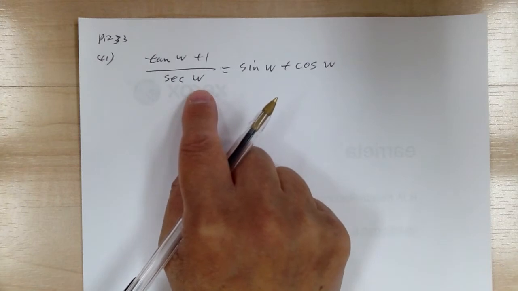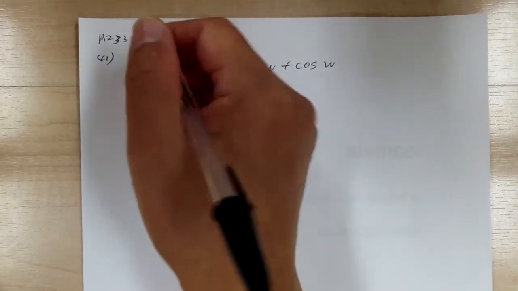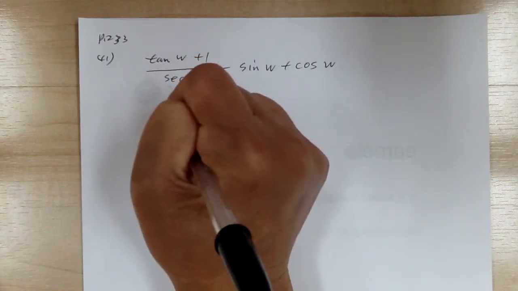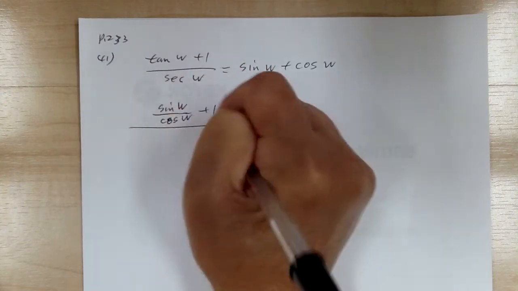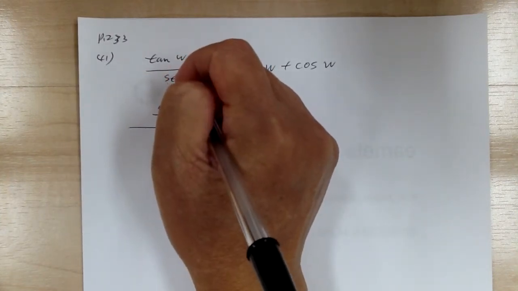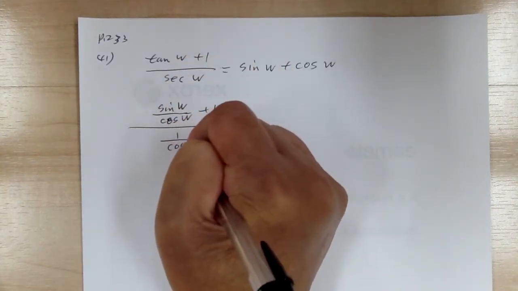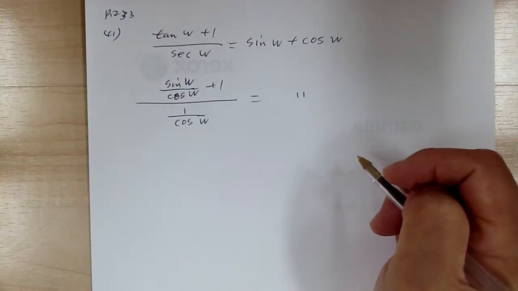And when you simplify, if you're not sure what to do, change everything to sine and cosine. So let's do that. So you're going to get sine over cosine. And secant is 1 over cosine.